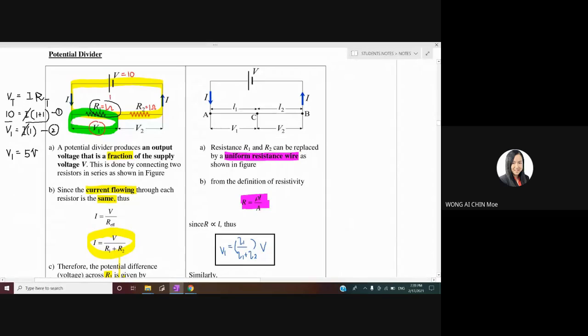Similarly, if you want to find V1, we only take this small loop, and we also have a bigger loop, which is the total. So one big loop and one small loop.